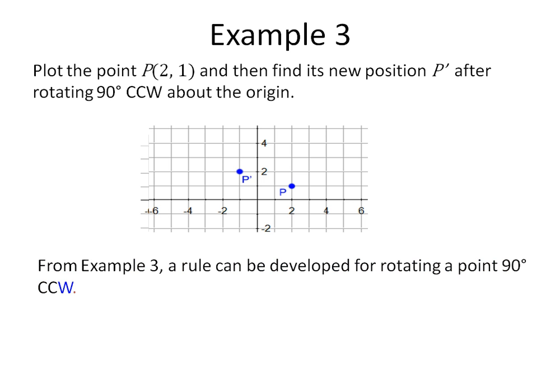From example 3, a rule can be developed for rotating the point 90 degrees counterclockwise, and that's simply that (x, y) becomes (-y, x).